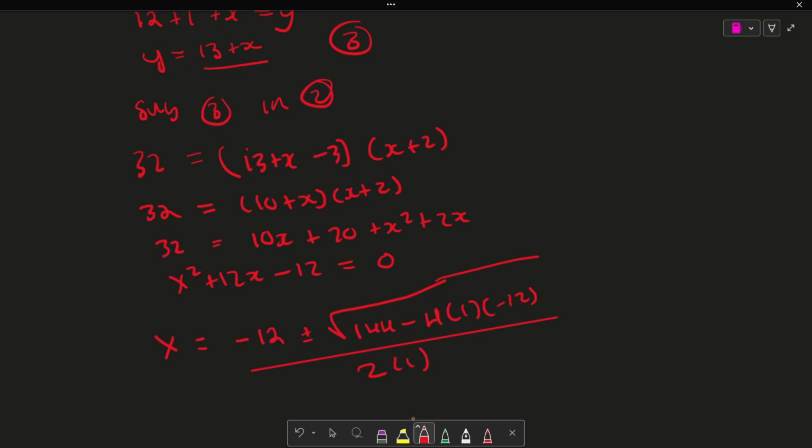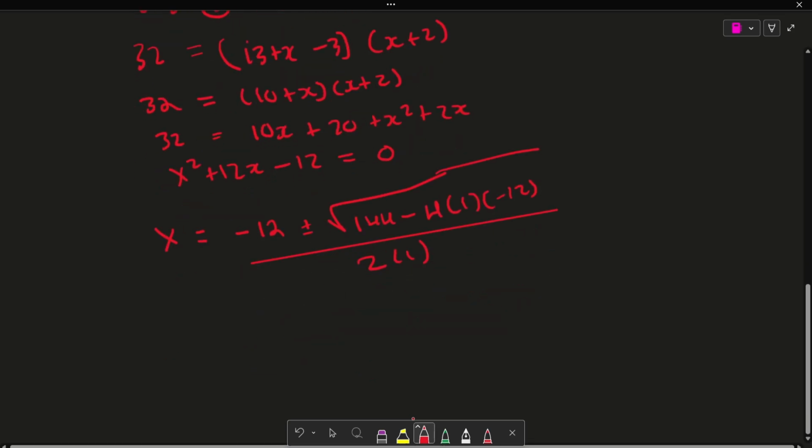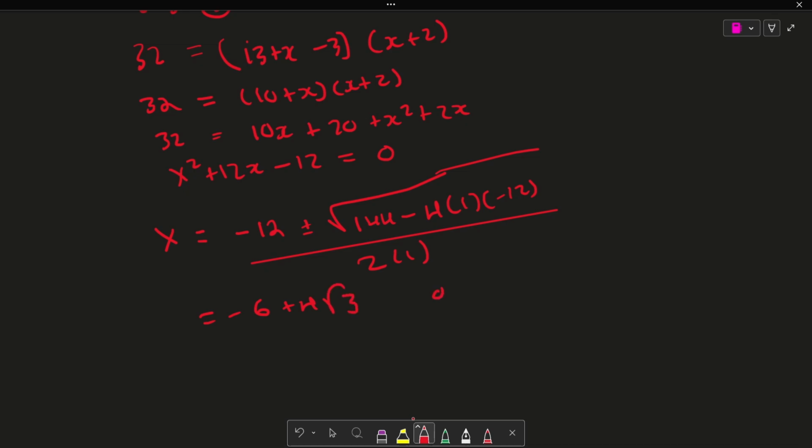It's minus 12 plus or minus the root of 144 minus 4 times minus 12, over 2. So the first answer is x equals minus 6 plus 4 root 3, and the other one is x equals minus 6 minus 4 root 3.